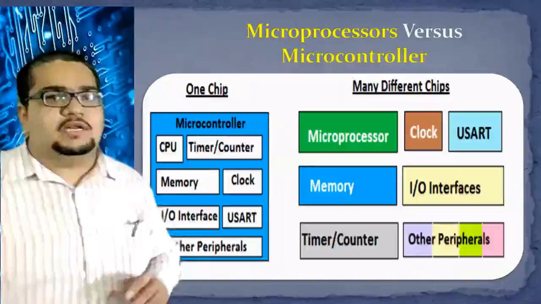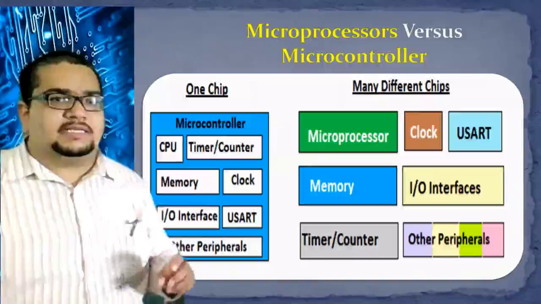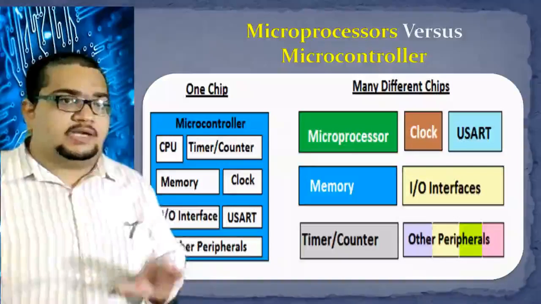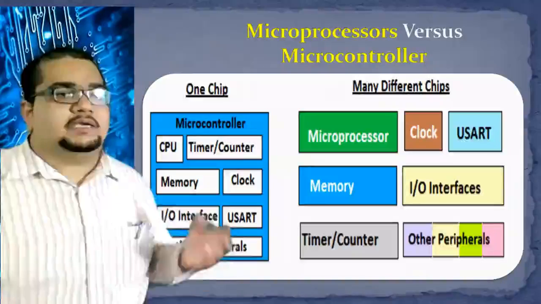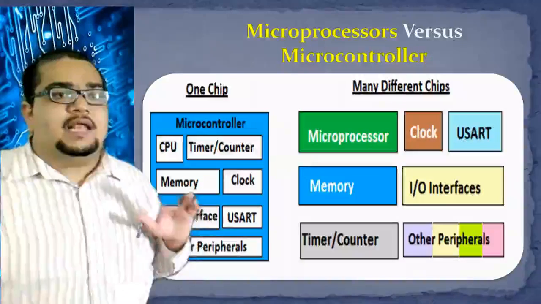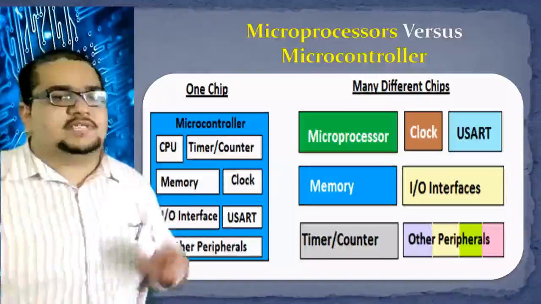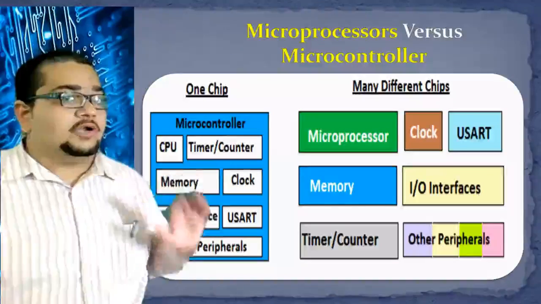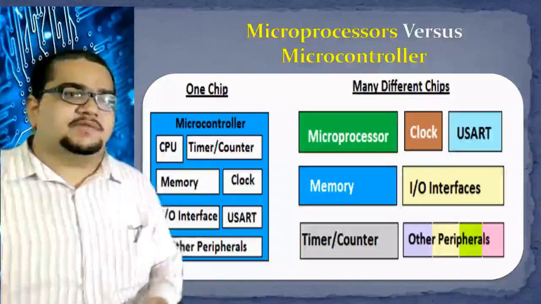These two images give you an understanding of the difference between microprocessor and microcontroller devices. A microprocessor contains only the control and arithmetic logic units, whereas a microcontroller contains the control unit and arithmetic logic unit along with timers, memories, clock, IO interfaces, and many other peripheral devices on a single chip. Again, they are limited in number, so it limits its efficiency.